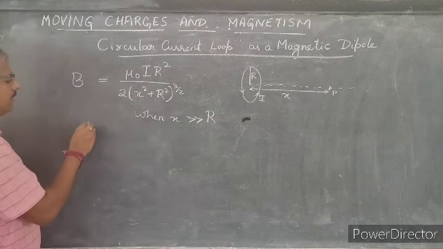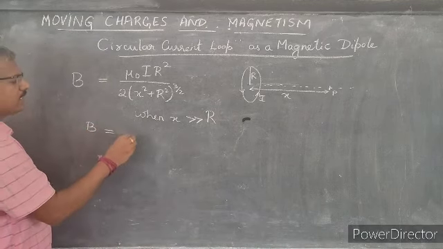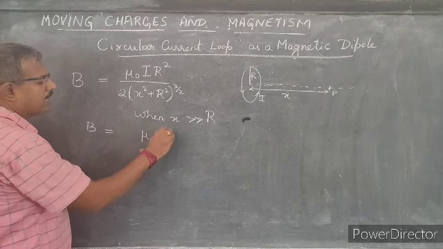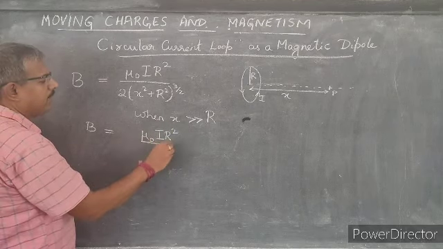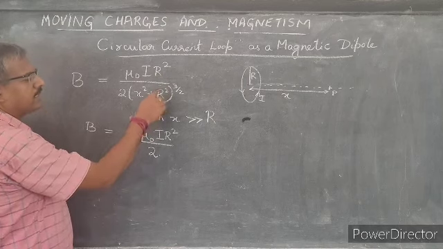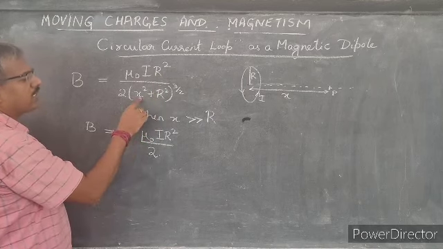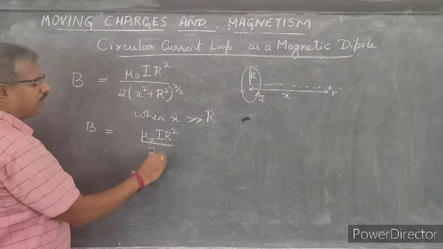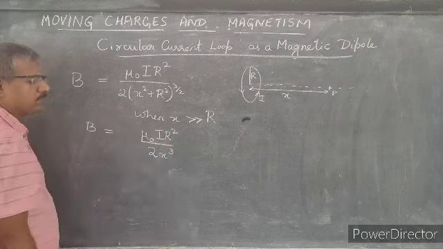That gives us a simplified version of the expression, which is mu naught I r square by 2, r square is ignored, so you are left with x square to the power of 3 by 2. 2 and 2 cancel, so you are left with 2 x cube.